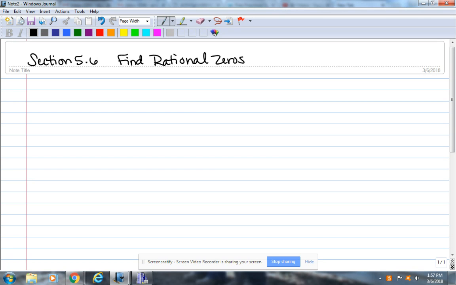Okay? So the way we do that is P over Q. You need to memorize that. P over Q. P is the factors of your constant term. Remember, the constant term is the term on the end that has no variable.